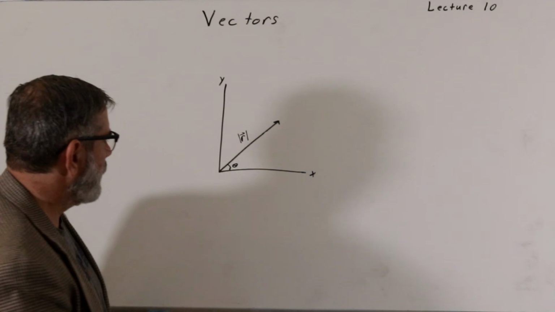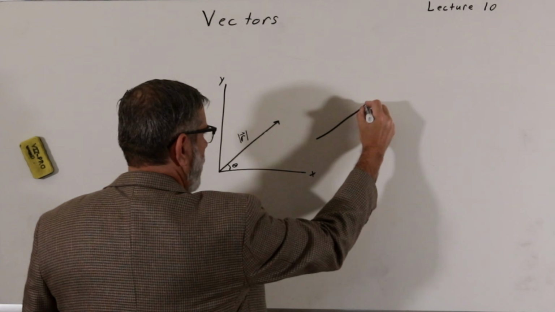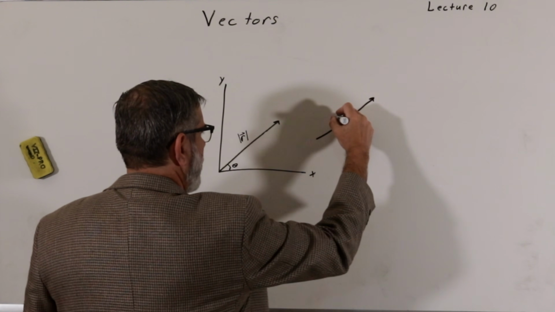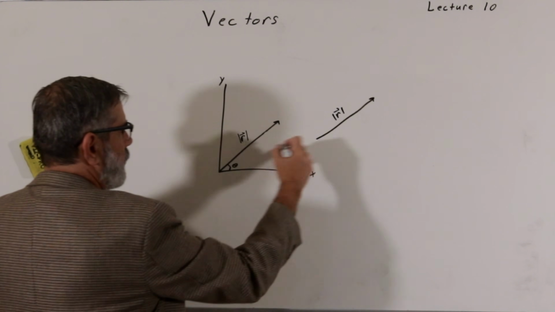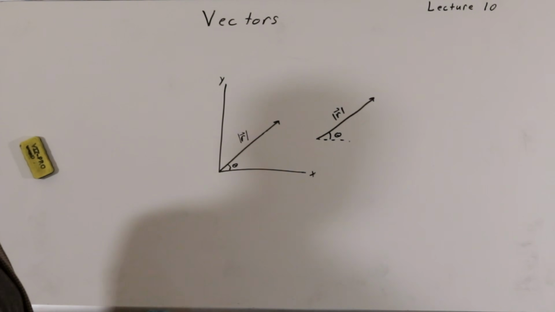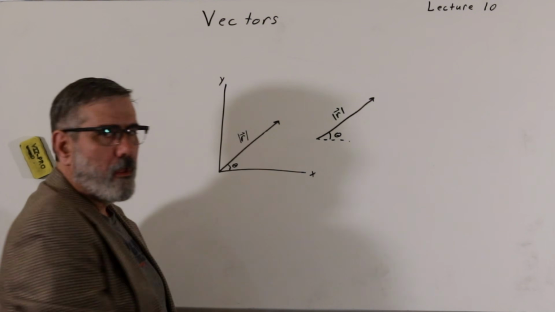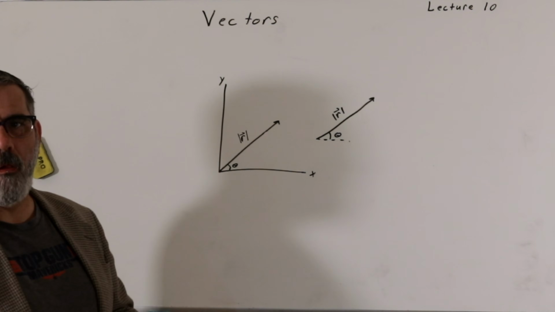But first I want to talk about vectors that are exactly the same as this one. For example, this vector here has the same magnitude as my original vector and the same angle with respect to the x-axis, despite the fact that it's located over here. These two vectors would be equal. So you can move vectors around at will.